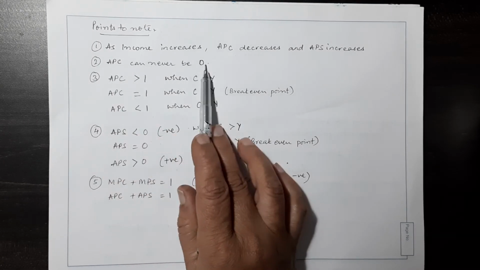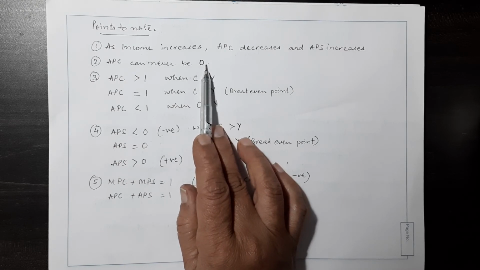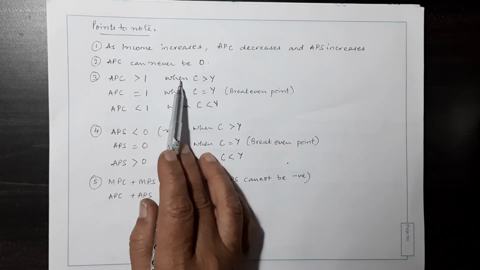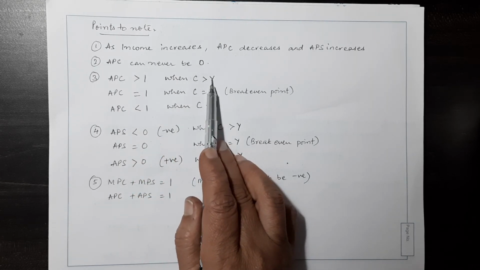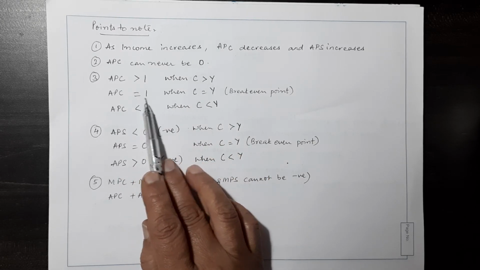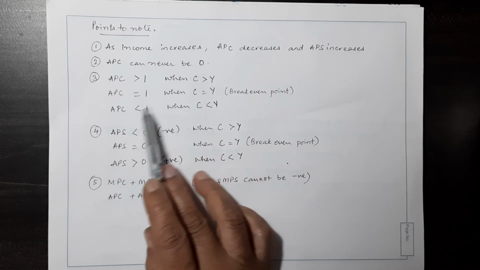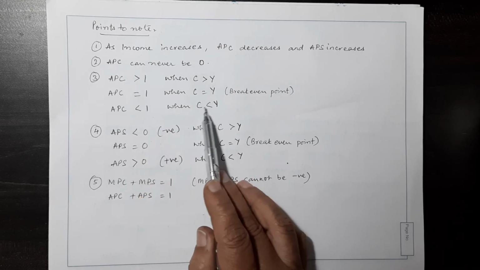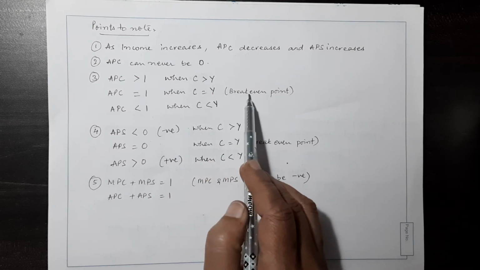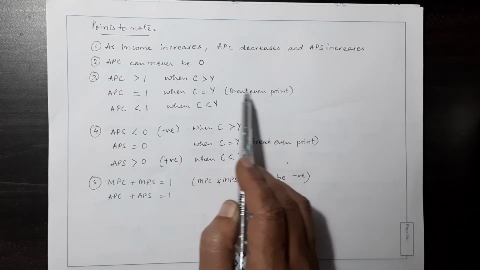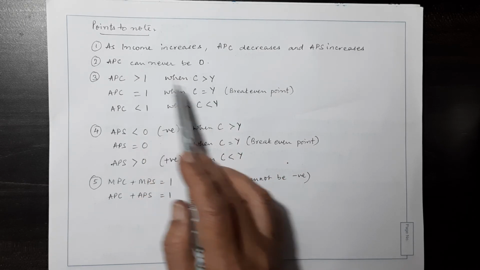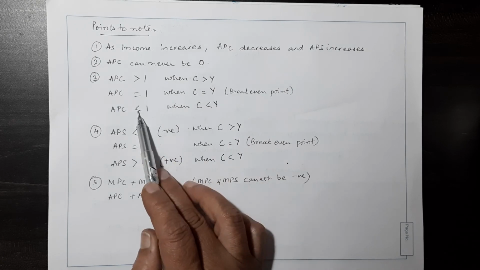Therefore, APC cannot be equal to 0. Now, APC can be greater than 1 when consumption is greater than income. APC can be equal to 1 when consumption is equal to income, and APC can be less than 1 when consumption is less than income. When consumption is equal to income, we are calling it the break-even point. So, above the break-even point, APC is greater than 1. Below the break-even point, APC is less than 1.